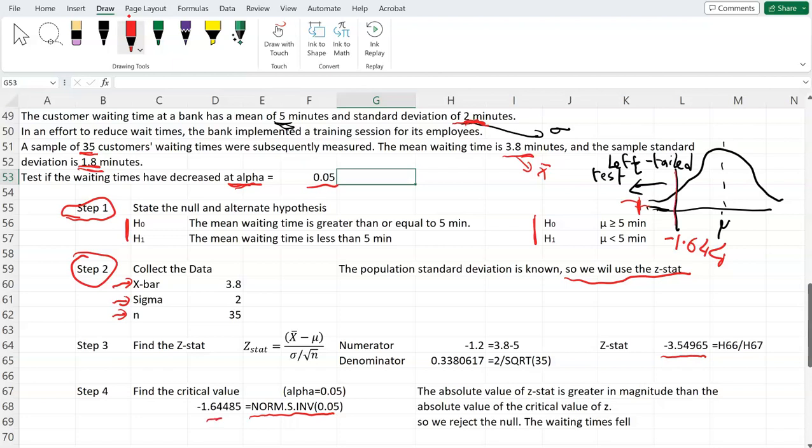So definitely my z-stat is in the rejection region. Since it's a left-tail test, my z-stat is less than the critical value, so we reject the null. Or I could just get rid of the negative sign and say that the absolute value of the z-stat is greater in magnitude than the absolute value of the critical value of z. Basically, once you take away the negative signs, the z-stat is greater than the critical value. So we reject the null, and the waiting times fell.